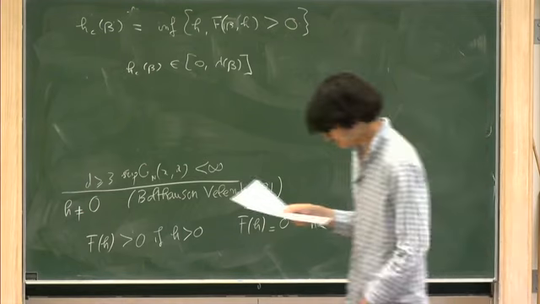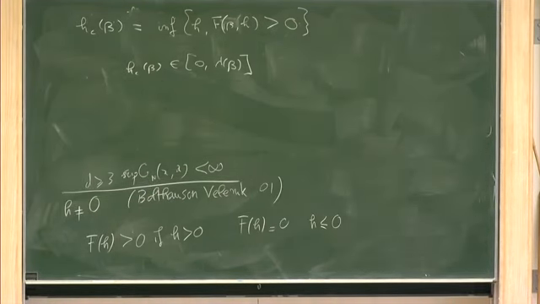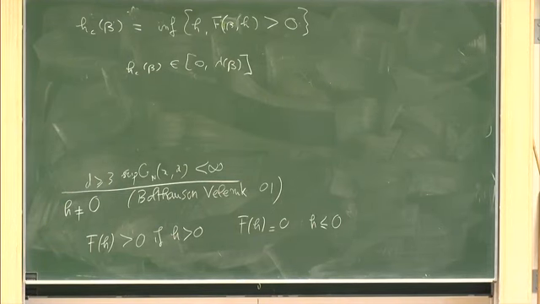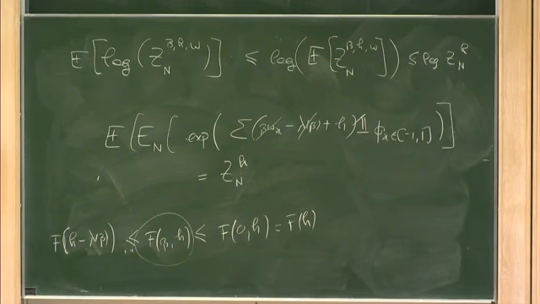So now the question is, how much did I lose when I did this Jensen inequality? Basically what I say here is that this inequality would be sharp only if Zn behaves more or less typically like its expectation. So a first way to ask the question is: is the critical point equal to 0?